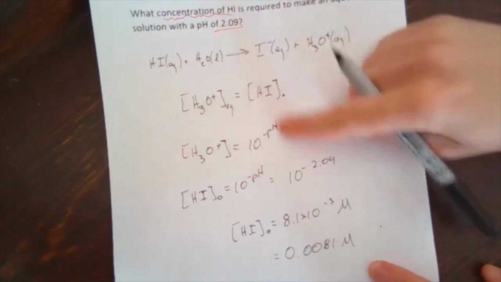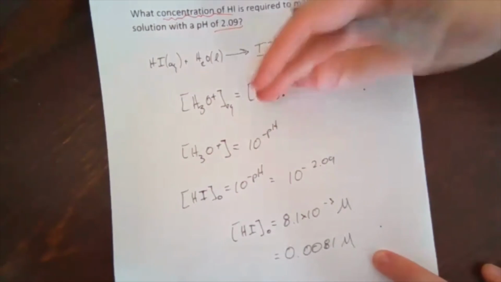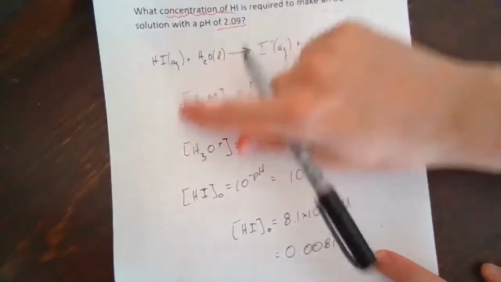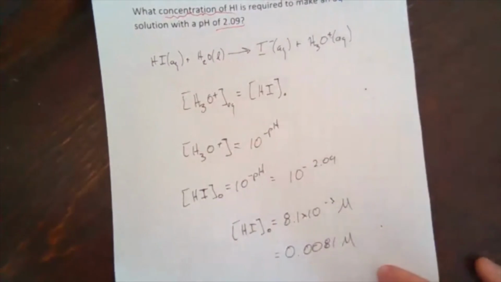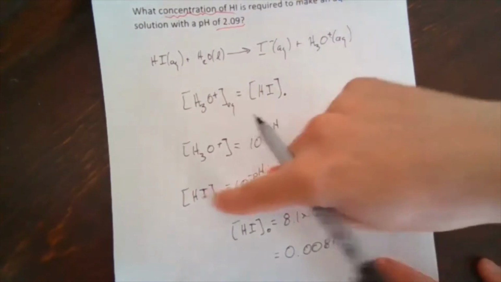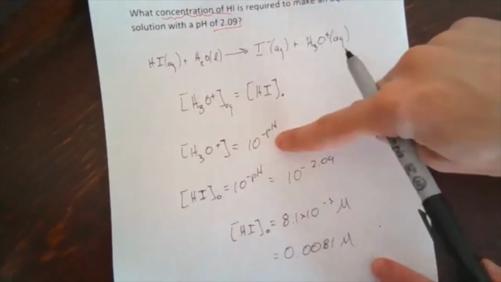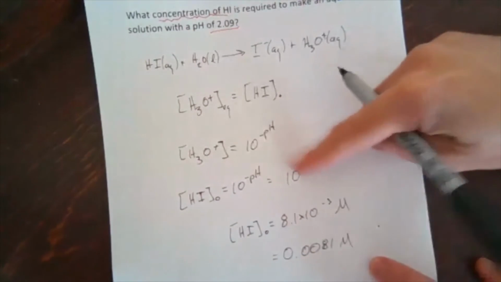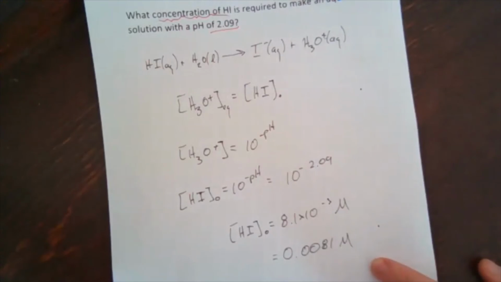Figuring out the concentration of strong acid that we need to use is going to be much simpler, right? No ice tables required. It's just figuring out the concentration of hydroniums from the pH, so just using that one equation, and then we can read it all out. And that's all we need to do for this process.